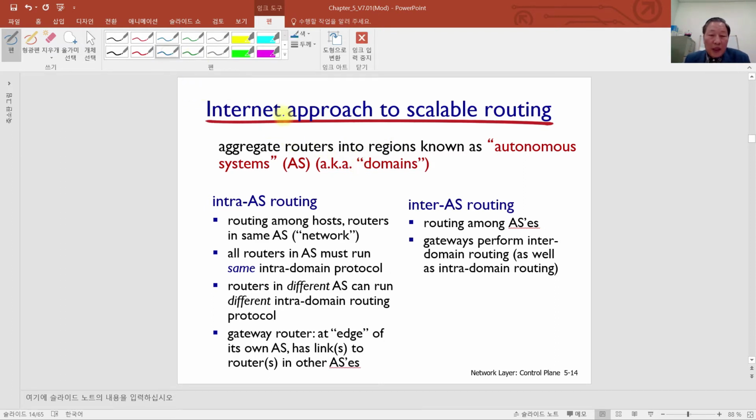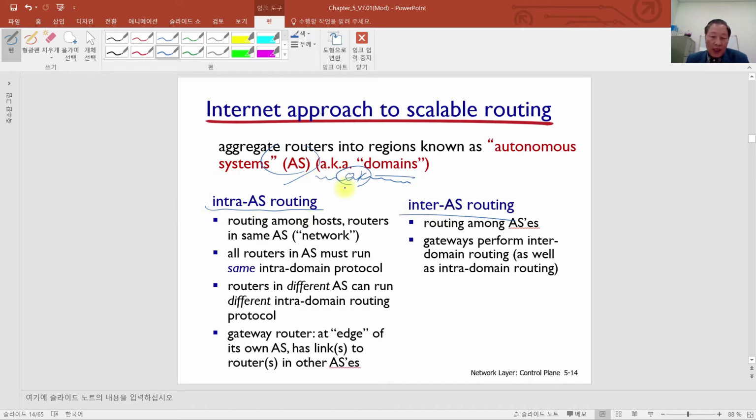Here is the internet approach to scalable routing: aggregate routers into regions known, as we learned, as autonomous systems, or in other words, domains. Here we can divide into two groups: intra-AS routing and inter-AS routing.